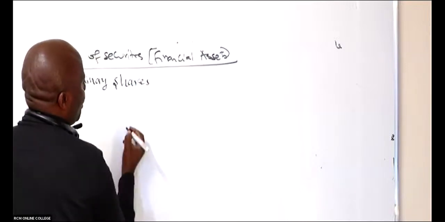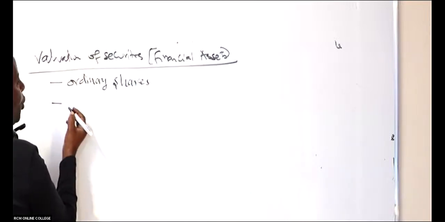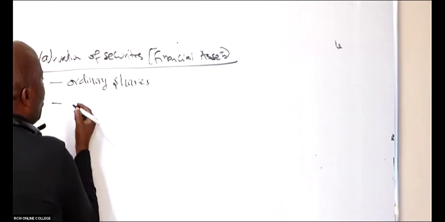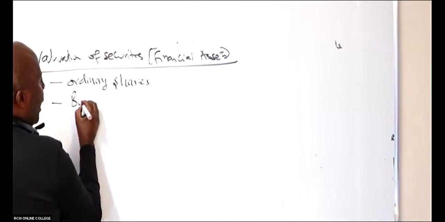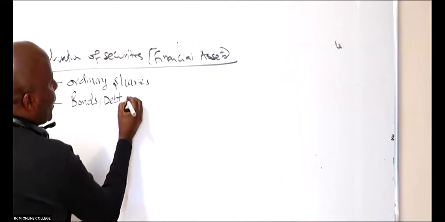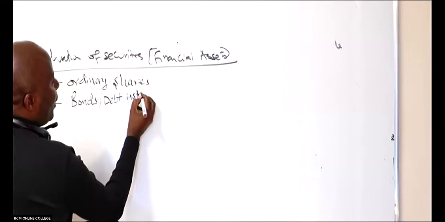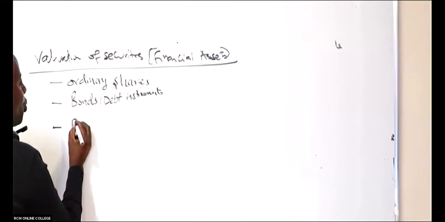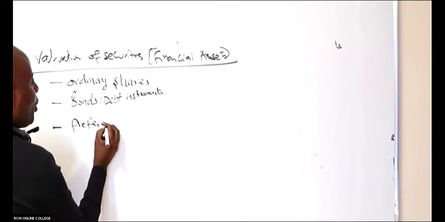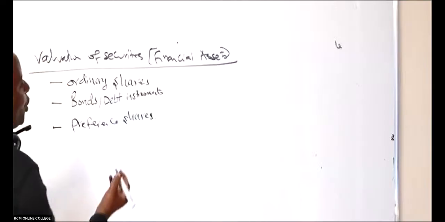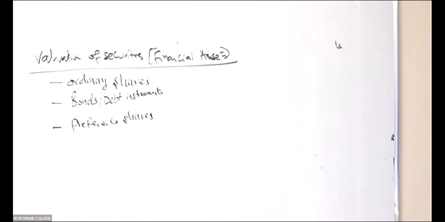Number two, it wants me to teach you, ladies and gentlemen, how to value bonds, debt instruments. And then, of course, lastly, they want me to show you how to value preference shares.